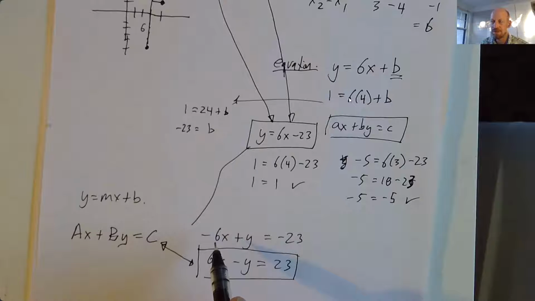But I do think they prefer it, though I don't know that they would mark it wrong if you wrote it the first way. I don't think it's necessary to have the coefficient on the x positive, but I like it better, I guess. So that's how I would naturally want to write it, with that positive 6x minus y equals 23.